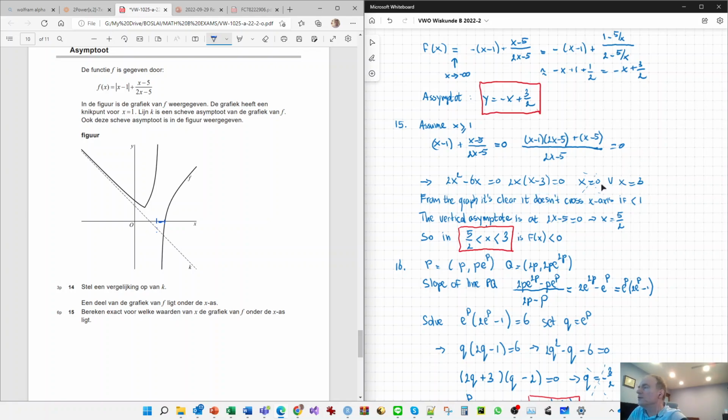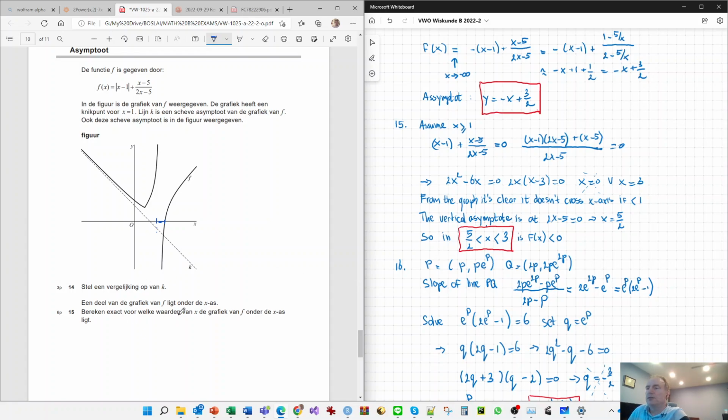So we find x is equal to 3 as this point here. And the vertical asymptote, well, that's of course pretty easy to find. It's 2x minus 5 equals 0, which means x is 5/2.